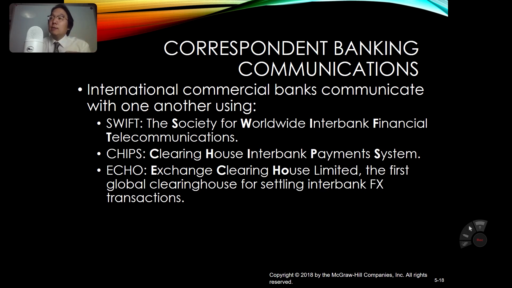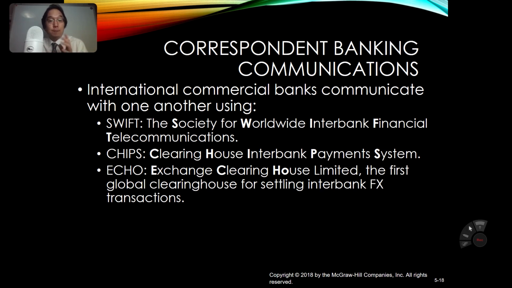So if I send, let's say, $1,000 to a bank in the United States, Bank of America, from Shinhan Bank or Woori Bank in Korea, then what I need to provide to my banker at Woori Bank is the SWIFT code of that Bank of America.